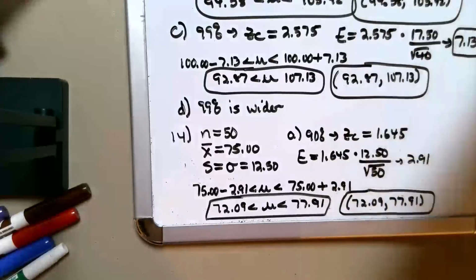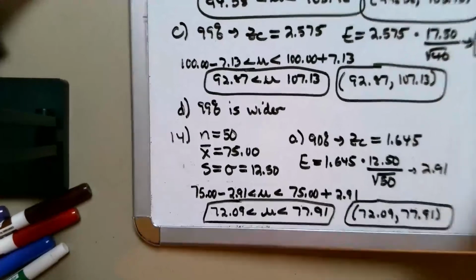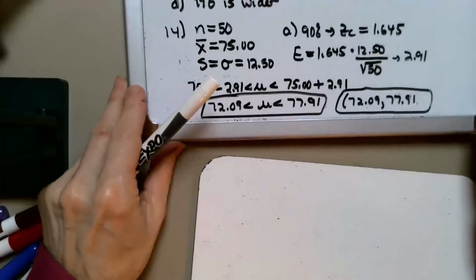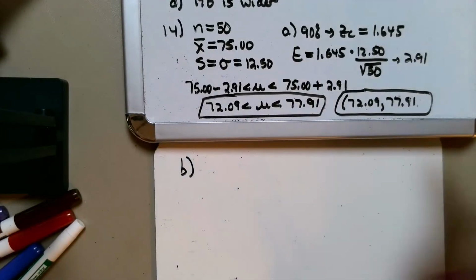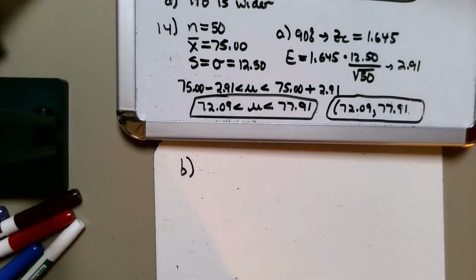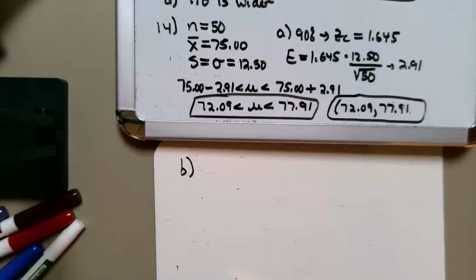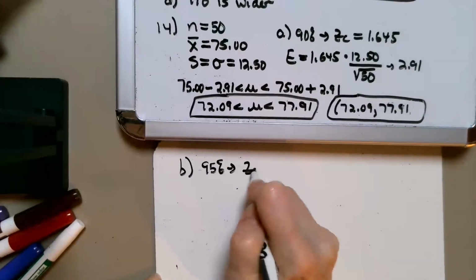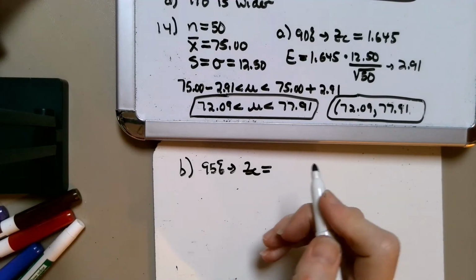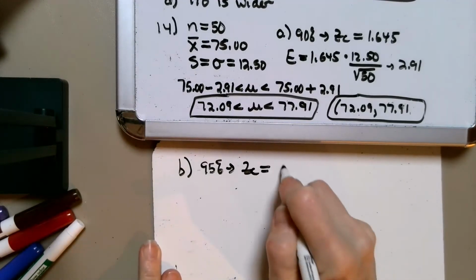Okay, so going to 14B. 14B says to do a 95% confidence interval. The critical value of Z for a 95% confidence interval is 1.96.